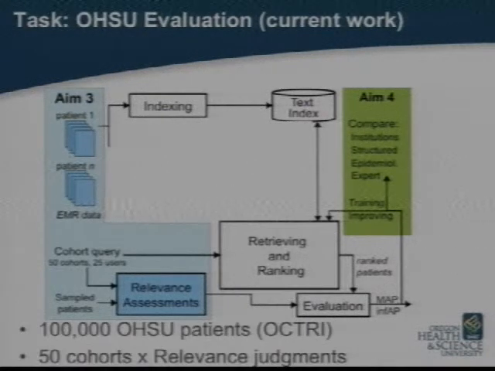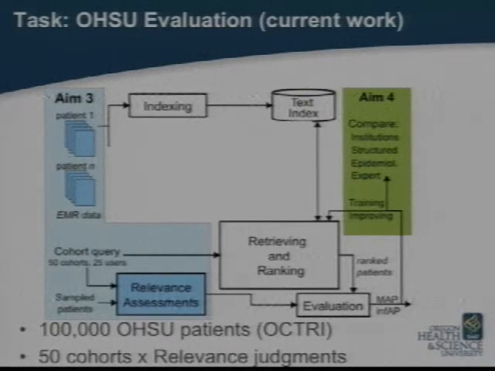So we've pulled 100,000 OHSU patients from Oak Tree and gotten their electronic medical records since the implementation of EHRs here at OHSU. It's stored on a secure server, and then we're going to be defining 50 cohorts and finding basically manual chart reviews, relevance judgments, whether documents are a good match for these cohorts.